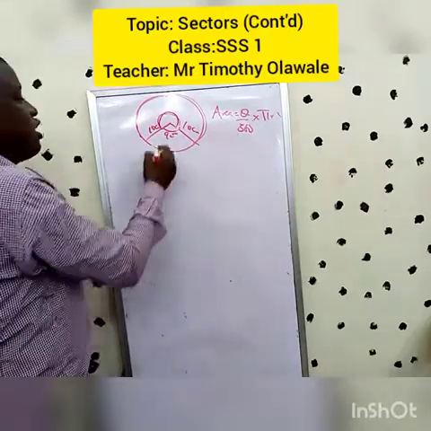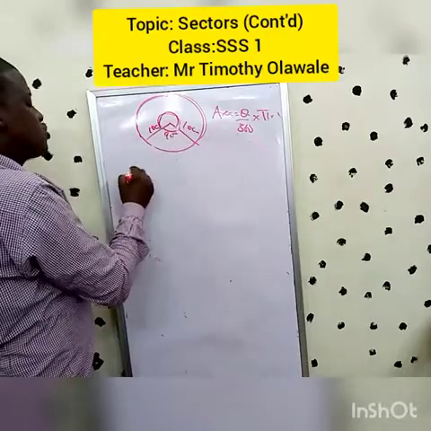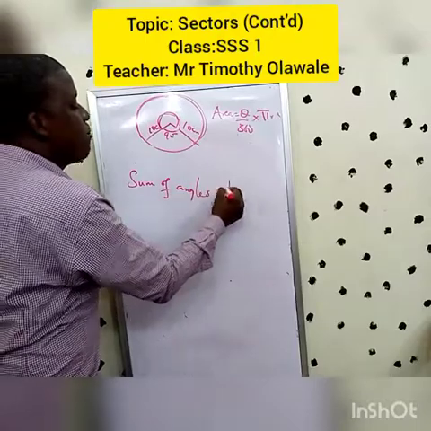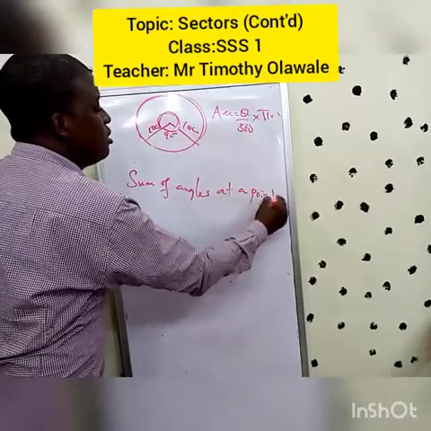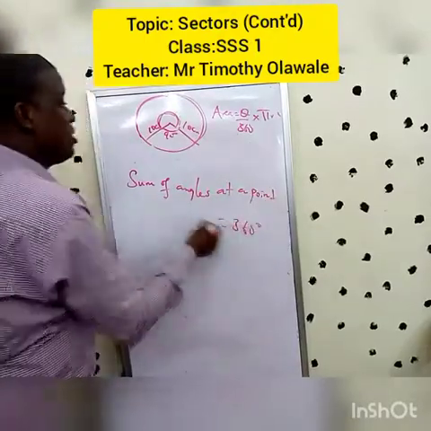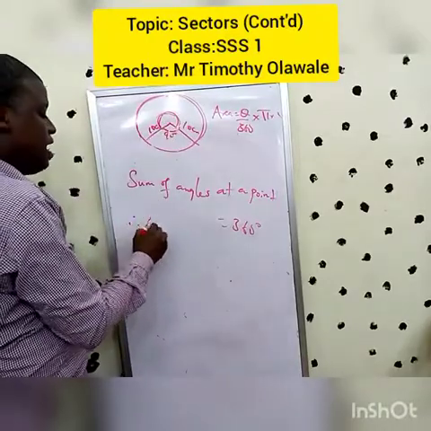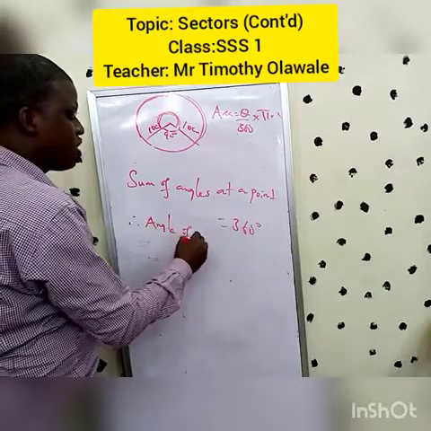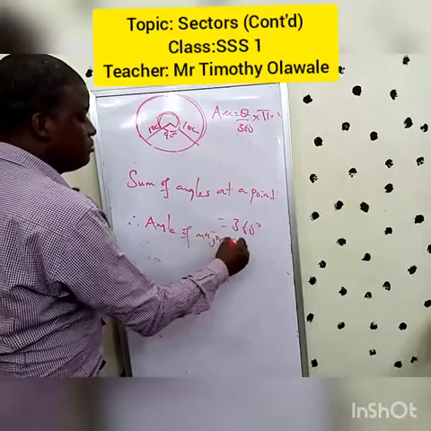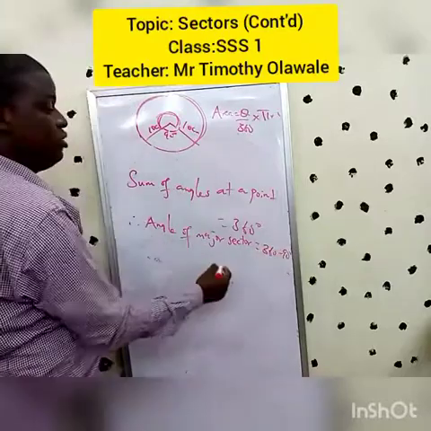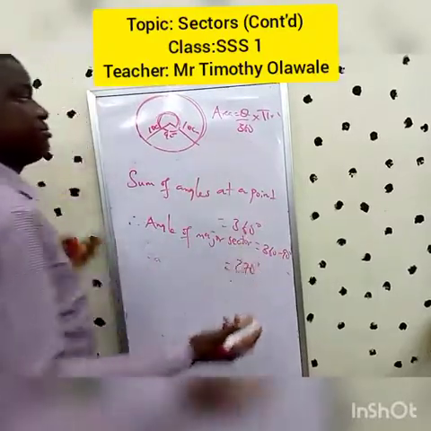Remember, sum of angles at a point is 360 degrees. Are you with me? So the sum of angles is 360 degrees. So therefore, angle of major sector will be 360 minus this 90, which is 270 degrees.